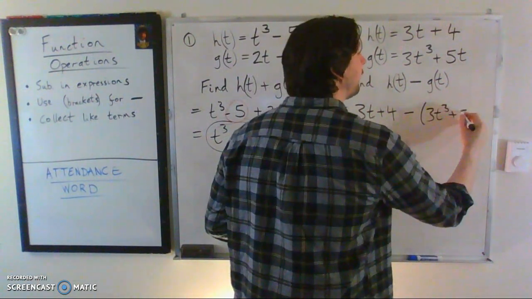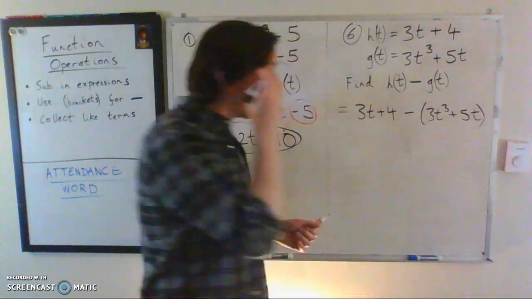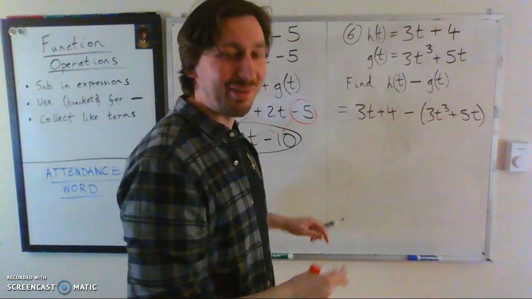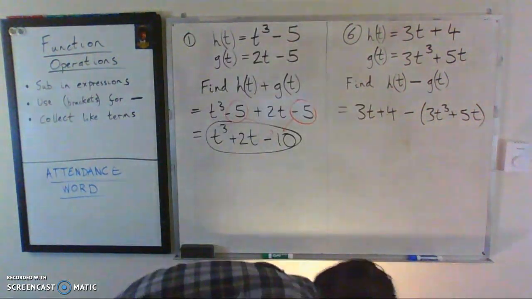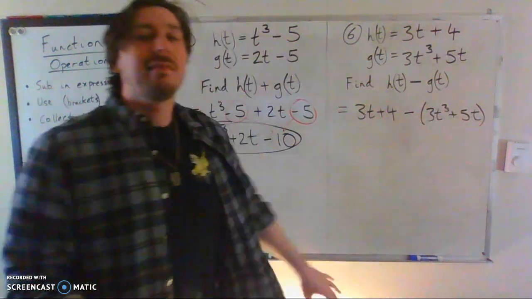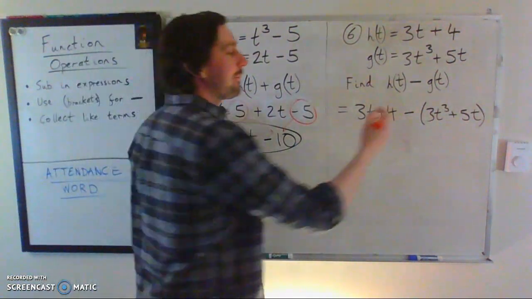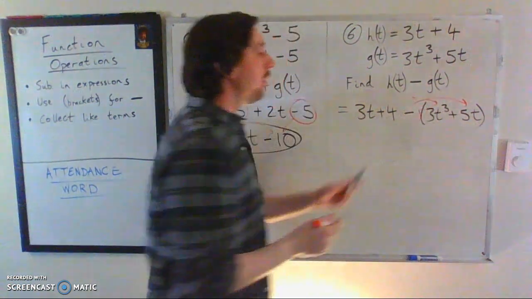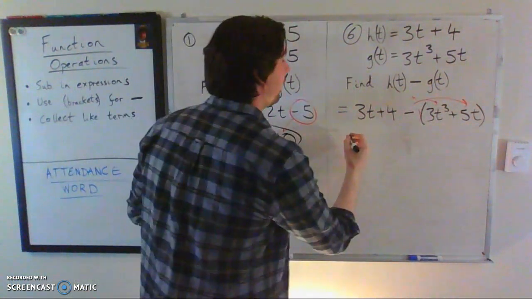3t^3 plus 5t. You see, having the bracket in here, if I was to distribute it, that's not broken. Then I'm going to get this outcome. So put a 1 in there if it helps you.